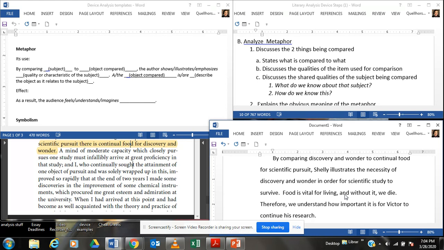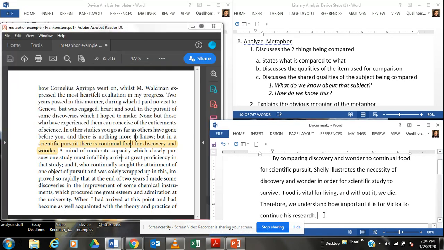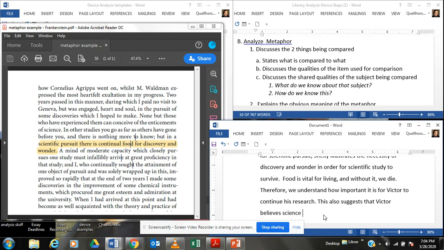I would also say that it suggests that scientific research is more alive than, what does he compare it to? Than other studies. Okay. This also suggests that Victor believes science is more alive than other types of study.